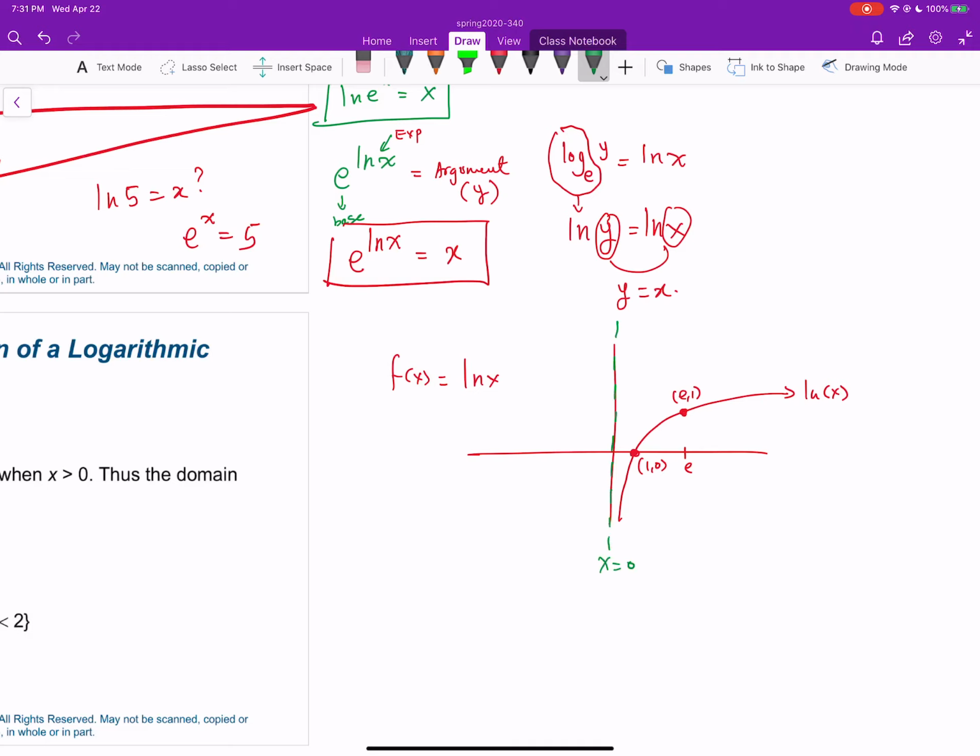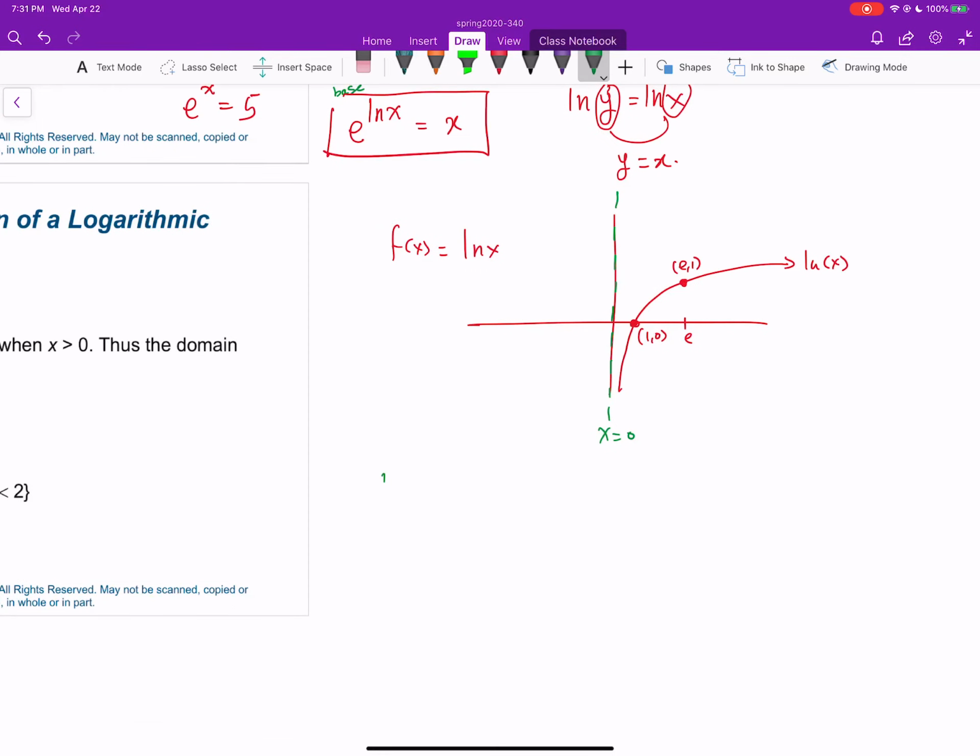x equal to 0. So if I see this function here, 2 ln x plus 1, I know what's going on. I am stretching by a factor of 2 and moving this up by 1.